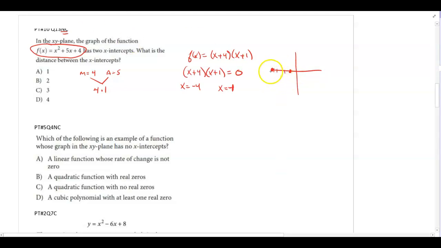Well, right away I could see the distance. I go 1, 2, 3 units away. So they are 3 units apart. Sorry, that's not the best graph. I should do it a little better. Here's (negative 4, 0) and (negative 1, 0). And as you can see, the distance is 1, 2, 3 units away.